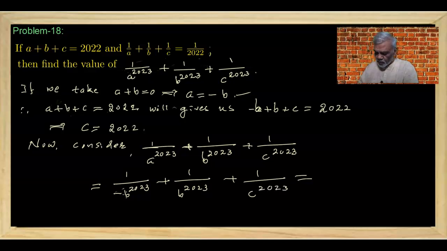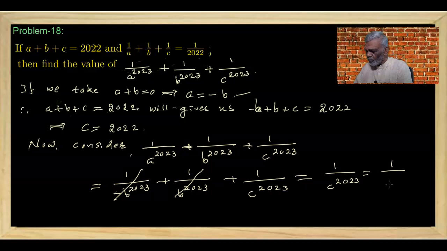This term is getting cancelled with this term, leaving 1 by c raised to 2023. We have already got the value of c as 2022, that equal to 1 by 2022 raised to 2023.